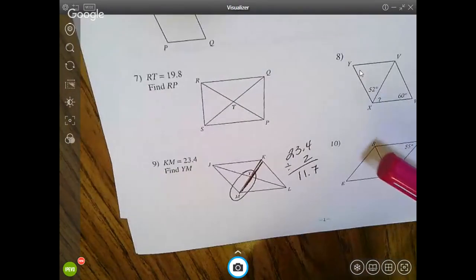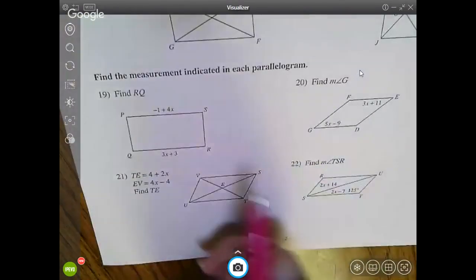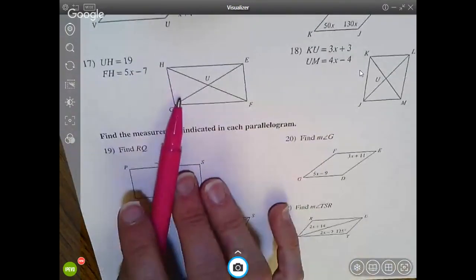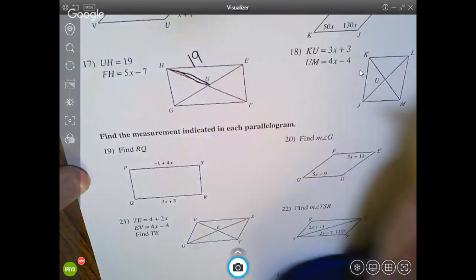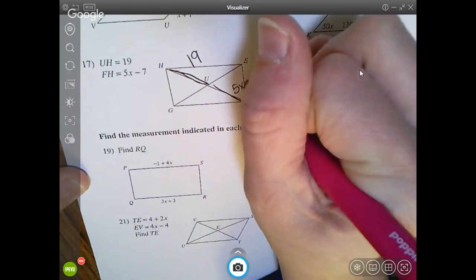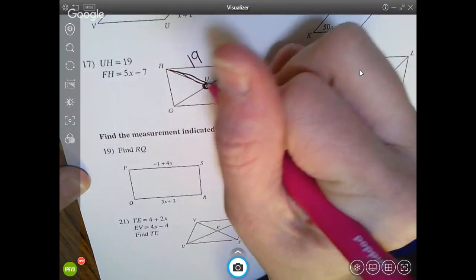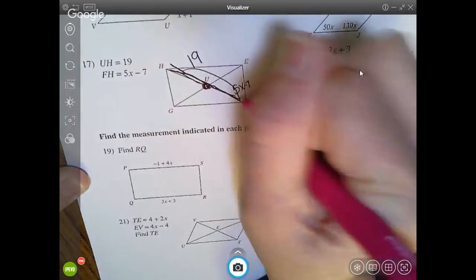Okay, let me see if there's a harder one. You're getting there. Let's look right here. Let's take this problem. It says UH, which is this piece, is 19. FH, which is this piece, is 5x minus 7. Oh wait, no, the whole thing is 5x minus 7.